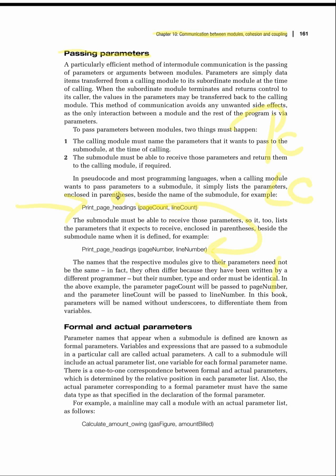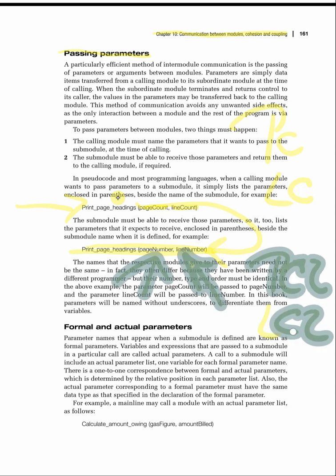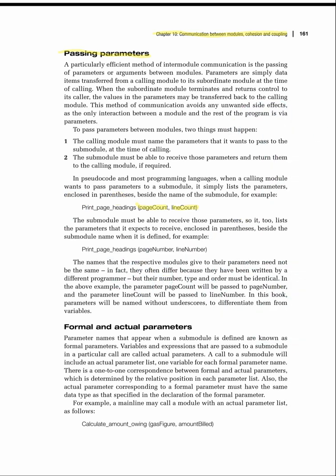And down here, what we're going to get is PC2 and LC2. Page count 2, line count 2. So whatever happens to these two is not necessarily automatically going to revert, and change page count and line count. So here, whatever happens to page number and line number is perfectly okay, because that's happening to a copy of our data and not the original part of our data.